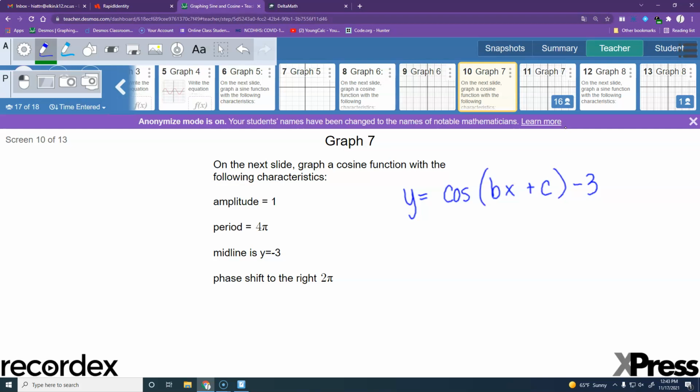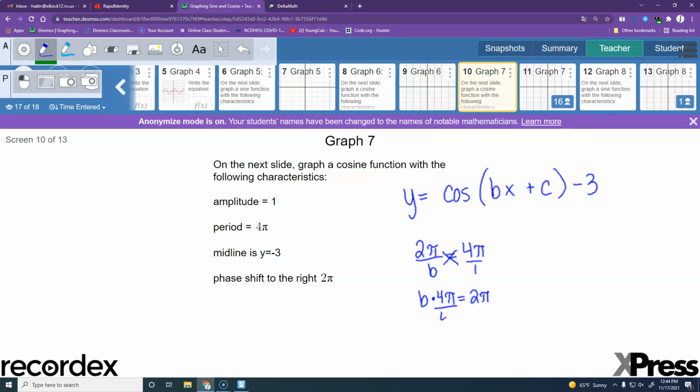So to find the number you need here for your period, you always do 2 pi over b. In this case, we want 2 pi over b to equal 4 pi. I could put that over 1 and cross multiply. B times 4 pi equals 2 pi.